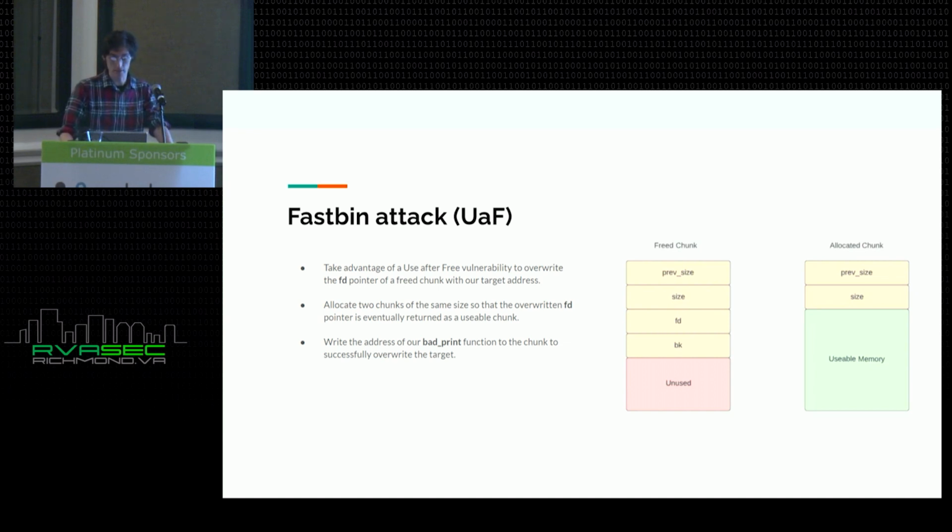And we want to overwrite it with our target address. So we're going to allocate two chunks of the same size so that the overwritten forward pointer is eventually returned as a usable chunk, and write the address, again using the same target as before, our bad print function, to the chunk to successfully overwrite the target.